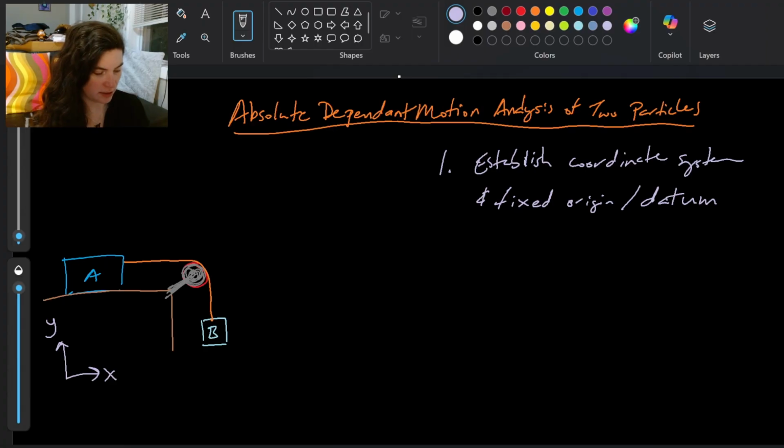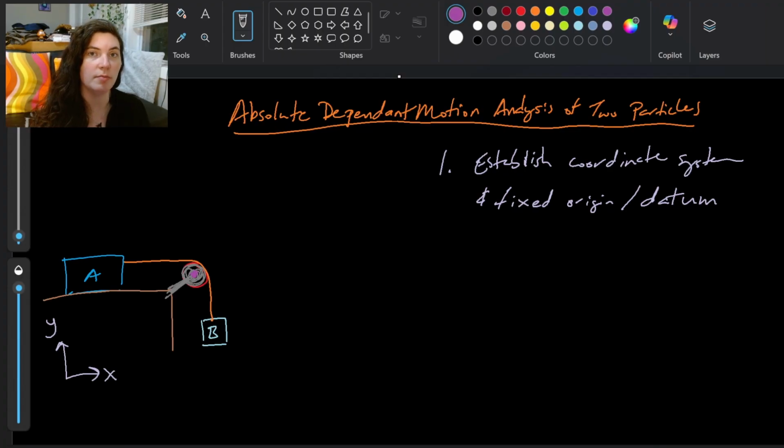This is also what we're going to base our signs off of, whether we're in the positive or the negative. If we look at this example over here on our side, I want to establish a fixed origin and build my references off of that. I know the pulley itself does not move.